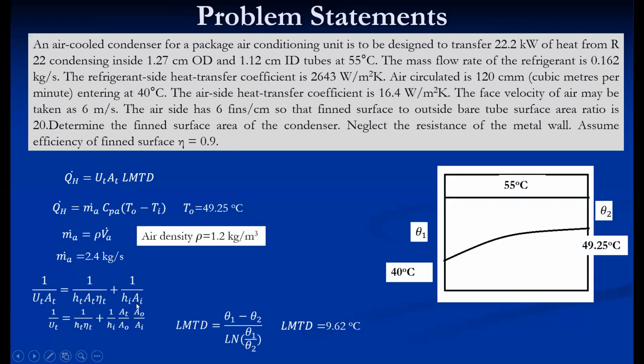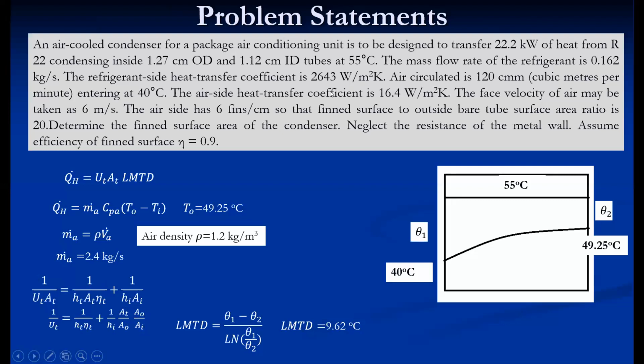So instead of AT by AI, we can write AT by AO and AO by AI, because AT by AI is not directly given, but AT by AO is given. So we split this as per the mathematical rule. So AO gets cancelled. It remains the same as AT by AI. So AT by AO is given, because it is given as 20, and AO by AI.